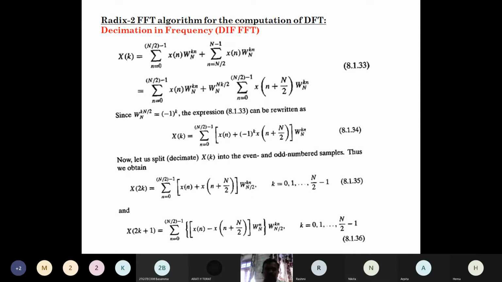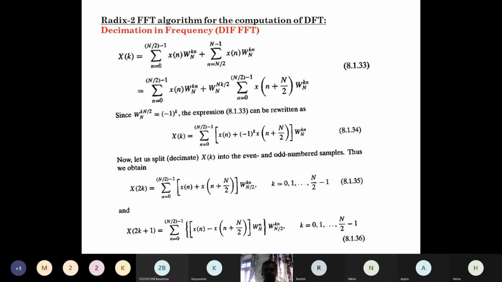Then we simplified the equation, the even product and odd product, using mathematical steps, and we got only half the process. We compute that DFT in DIT by using the butterfly diagram.